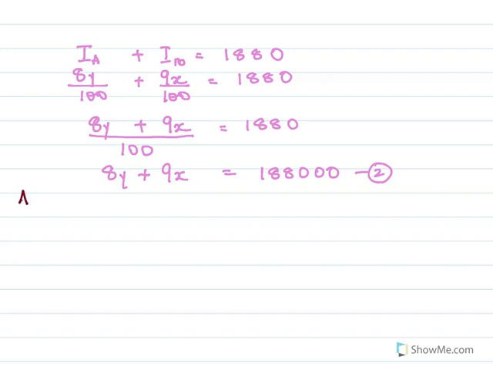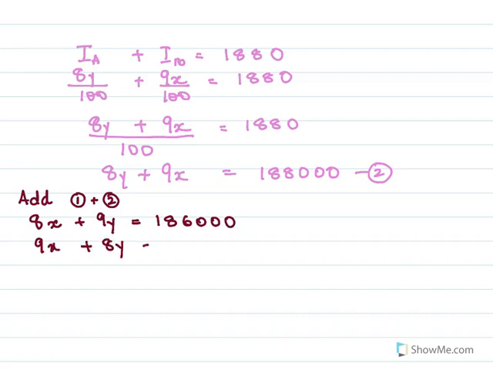Now I'll go ahead and add the equations, equation 1 plus equation 2. One equation is 8x plus 9y equals 186,000, and my second equation is 9x plus 8y equals 188,000.